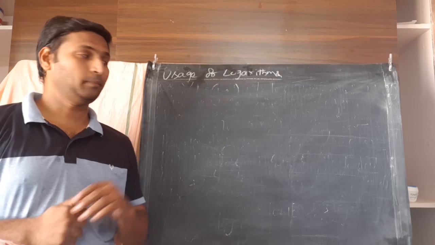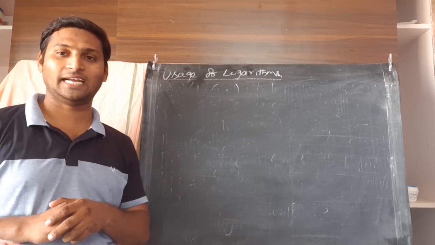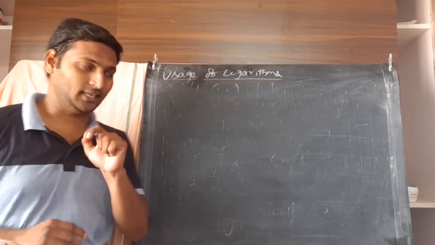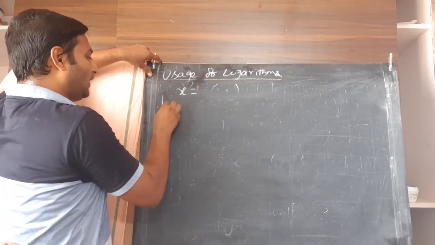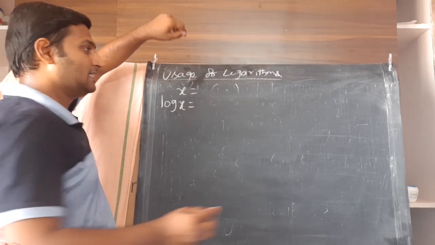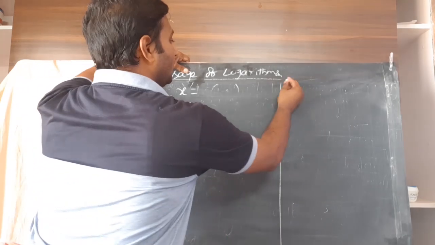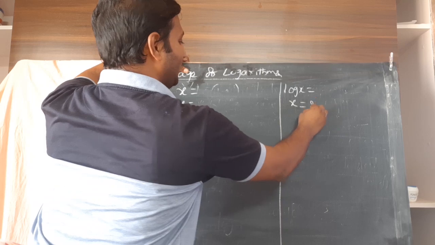Now let us understand how to use logarithms using the log and anti-log table. Children, you will get two situations. One is the value of x is given, and you want to find the log of x. Second situation generally will be that log of x is known, and you have to find x.